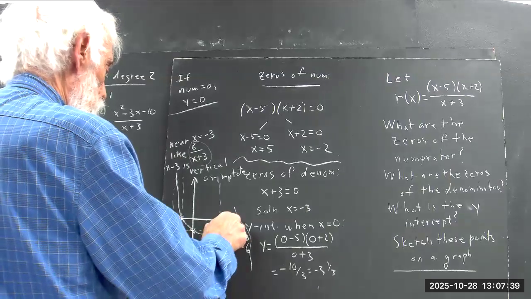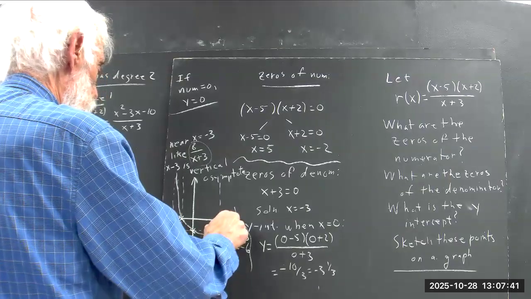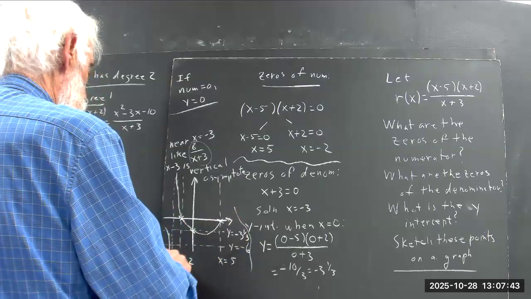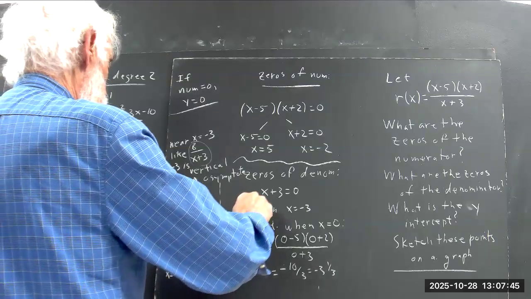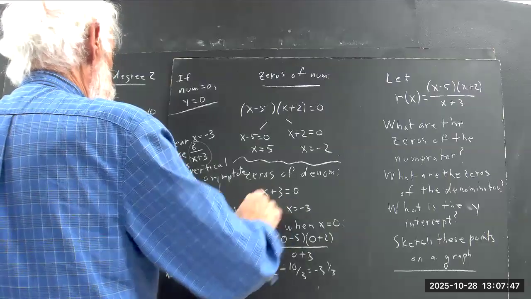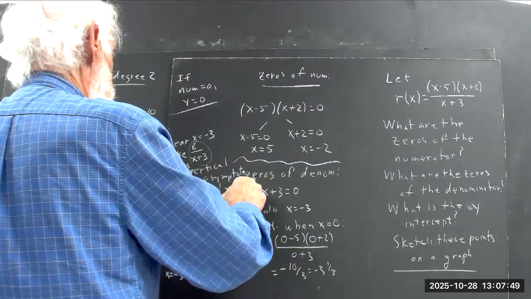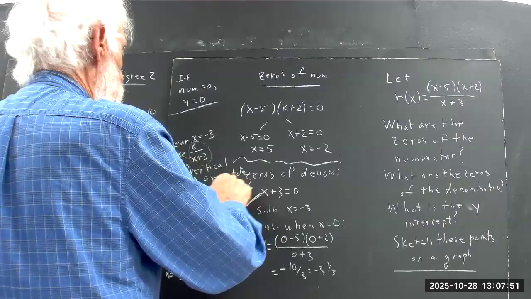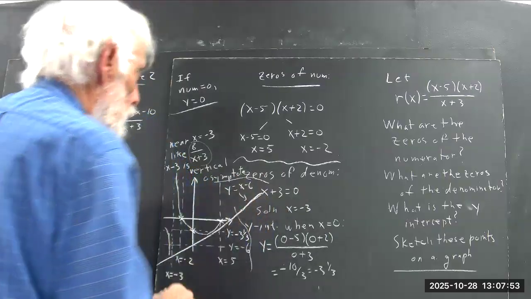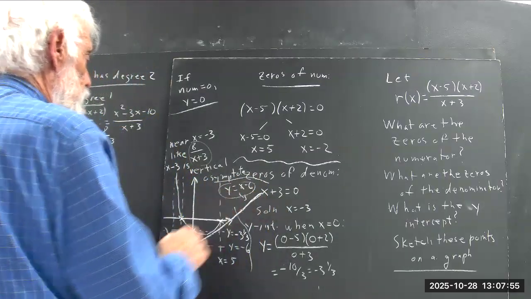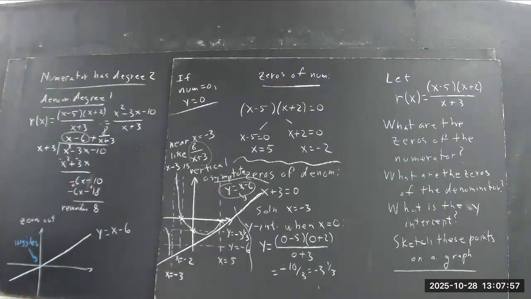And here's x equals 5, so x equals 6 would be here. So I'm going to sketch a graph like this. Right there is the graph of y equals x minus 6.